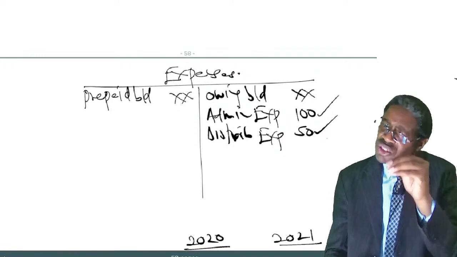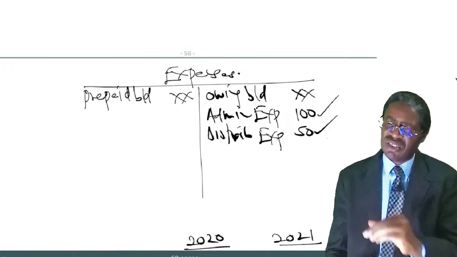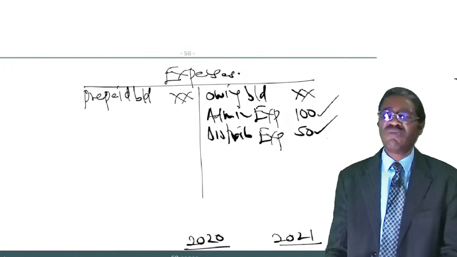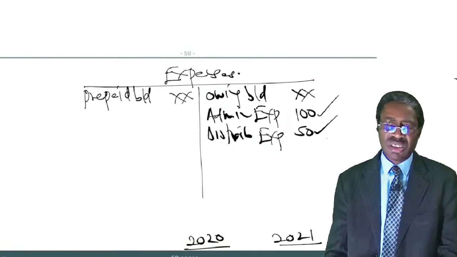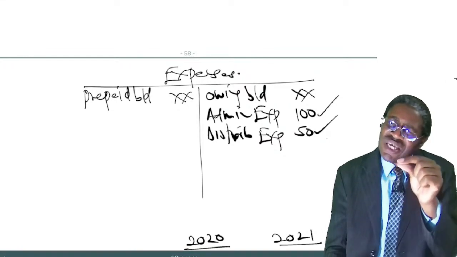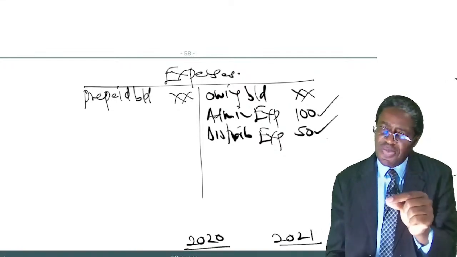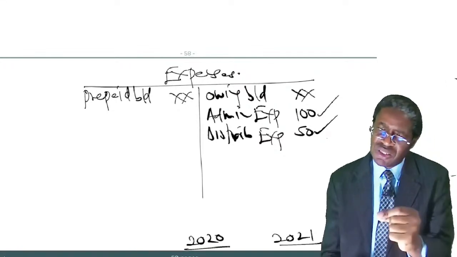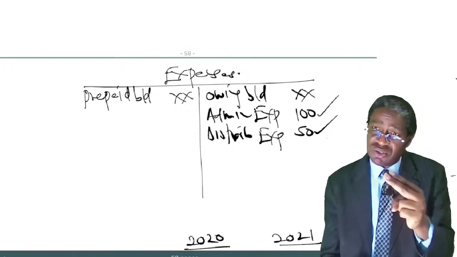But because it is included in that 50, that depreciation, maybe it's 2 million shillings depreciation. And I want to know, listen, how much is it that I paid for distribution expenses? But within that distribution expenses, there is a depreciation of 2 million.